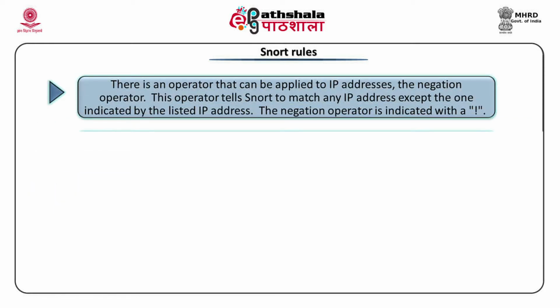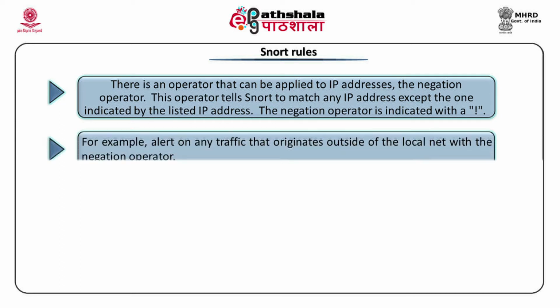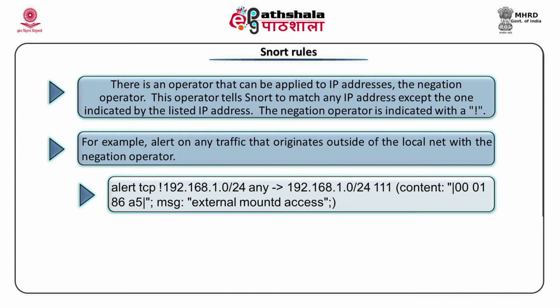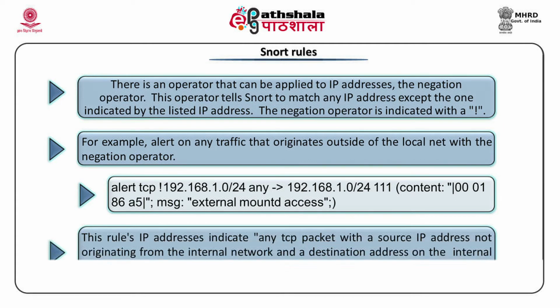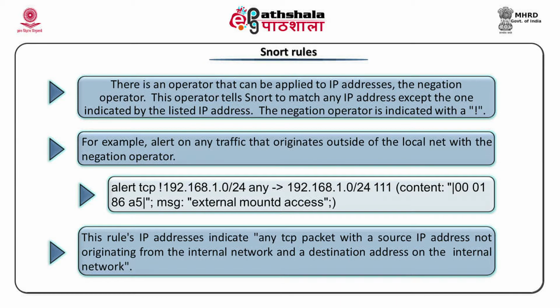An example of an address in a rule is alert TCP any, and the destination says 192.168.1.0/24. So the destination address was set to match on the 192.168.1.0 class C network.